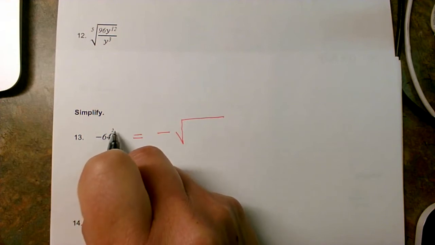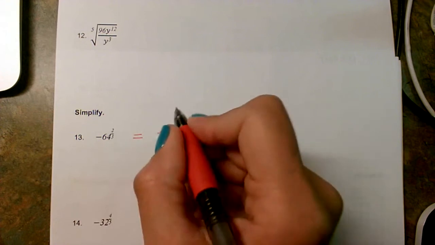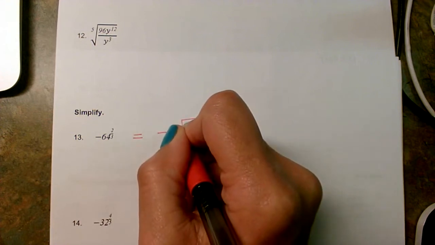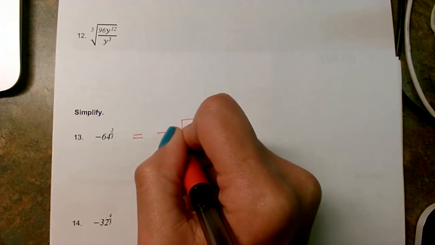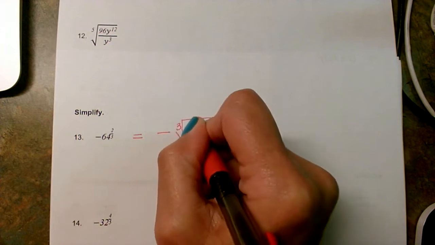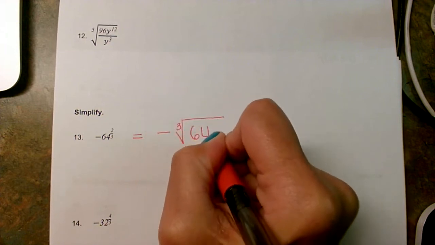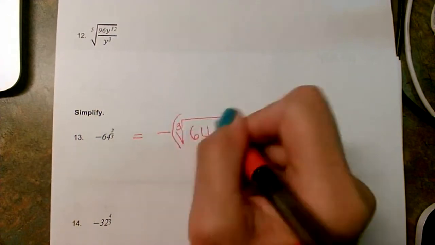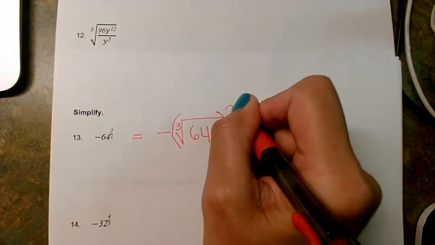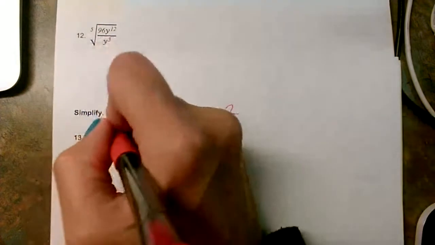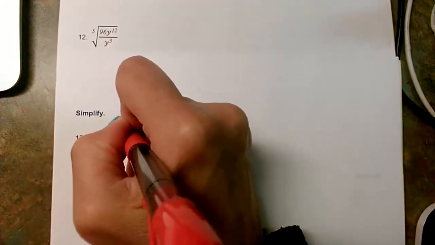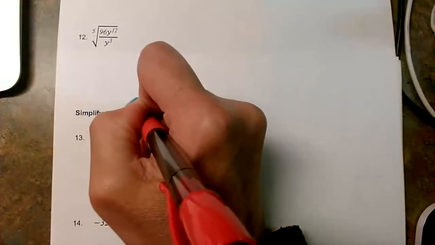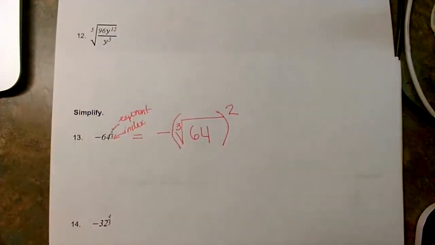And this is the exponent. So the 3 goes here, and the exponent, remember that we could do it outside. Index, exponent.